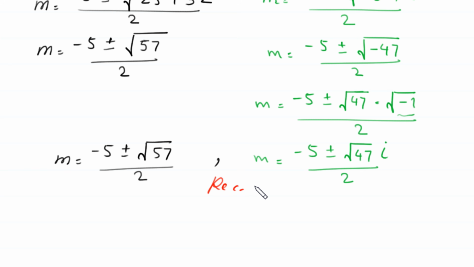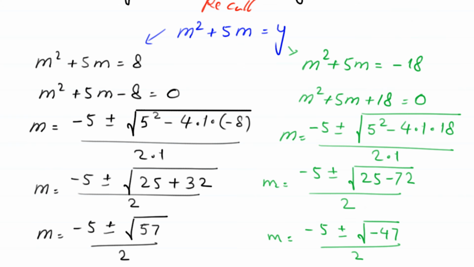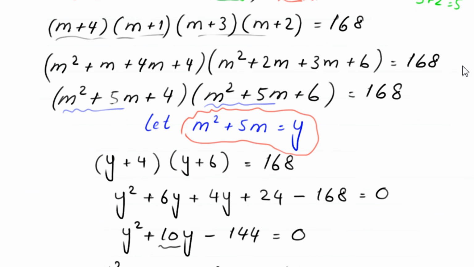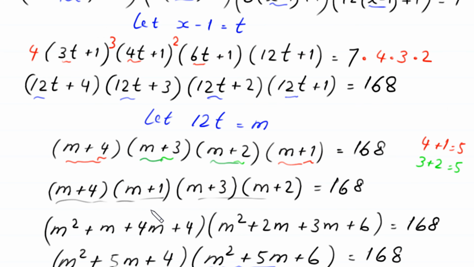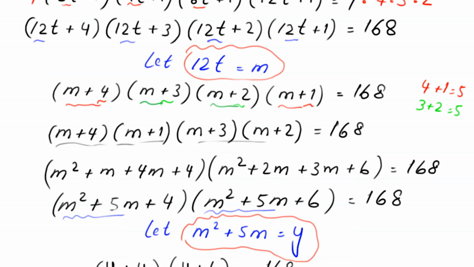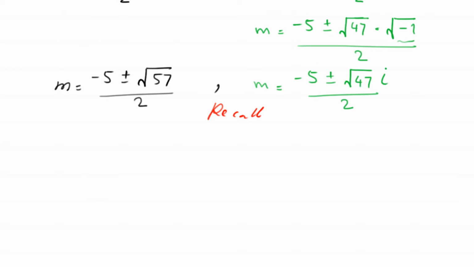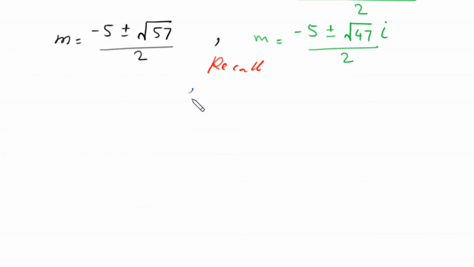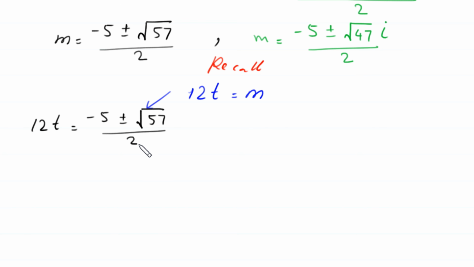Now recall that we have supposed that 12 times t is equal to m. So when m is equal to this value, this equation will become 12 times t is equal to negative 5 plus minus root 57 over 2.